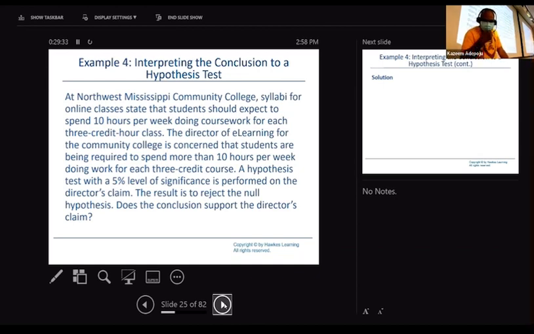A hypothesis test with a 5% level of significance is performed on the director's claim, and the result is to reject the null hypothesis. Now, the question is, does the conclusion support the director's claim? What is the director's claim? Director's claim, greater than 10, right?